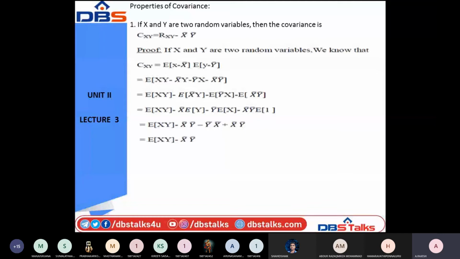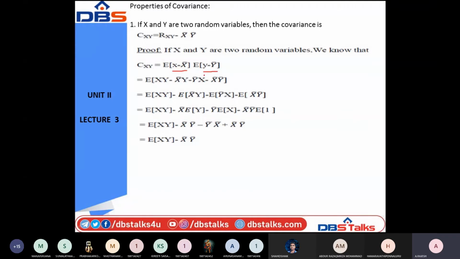So what they have given, x and y are two random variables, then we can write cxy as we have already known, cxy is equal to e of x minus x complement into y minus y complement. So multiplying this, e of x into y minus x complement into y minus y complement into x minus x complement y complement. We have multiplied these two things.